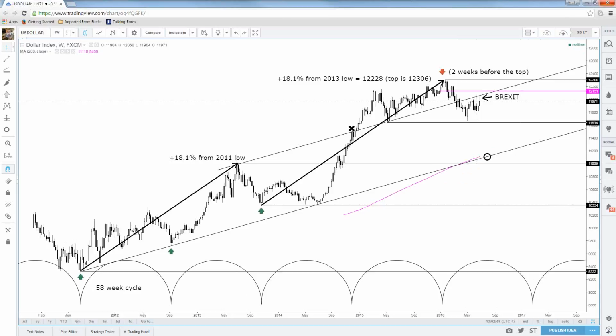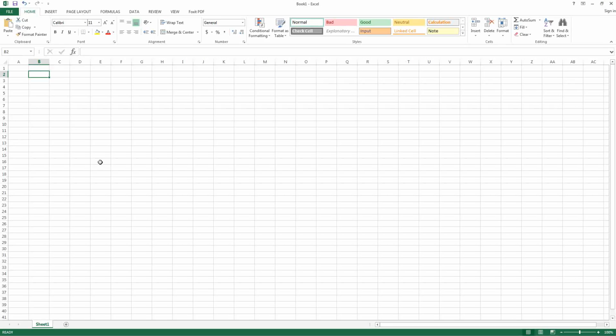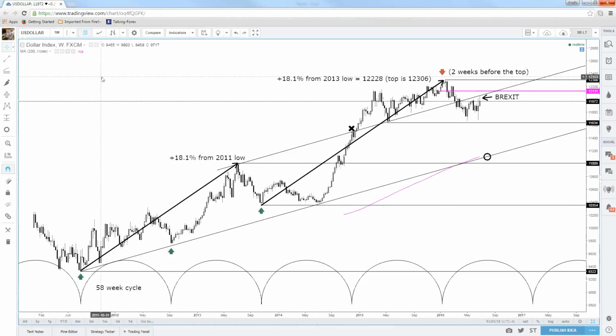So to do that, just find the percentage. You can see the leg higher from 2011 to 2013: 11,009 minus 93.22, and then divide that by the starting point of 93.22, you get 18.1%. So to find where you would have an 18% rally from this secondary low, the midpoint of the rally was 10.354.